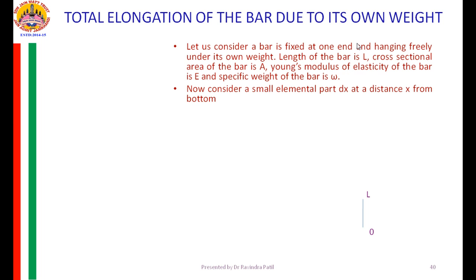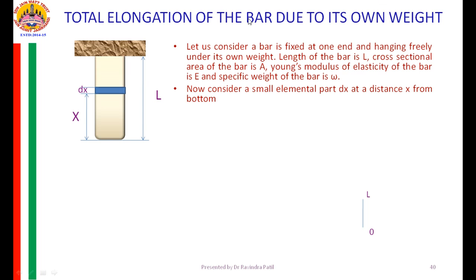For calculating the deformation at different levels, if I consider a part here, this weight is acting on the bar, and its condition is different. If I consider a part here, only this part's weight is acting on the part. Therefore, the weight on the part is nothing but the load here.